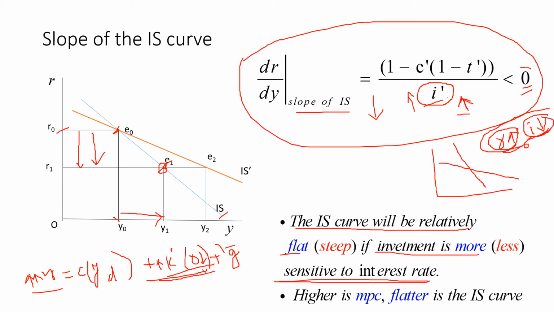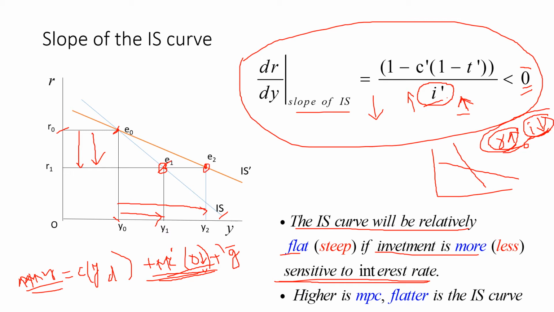So I am using two arrows here. And if your investment increases by a larger amount, your income will also increase by a larger amount. So instead of income increasing from Y0 to Y1, income will increase from Y0 to Y2. And therefore you get the second equilibrium point at E2 instead of E1.